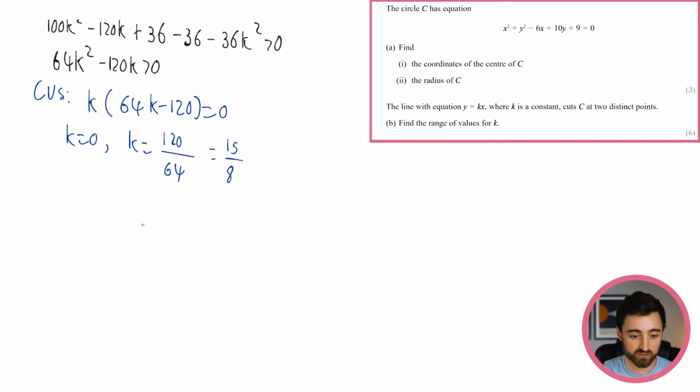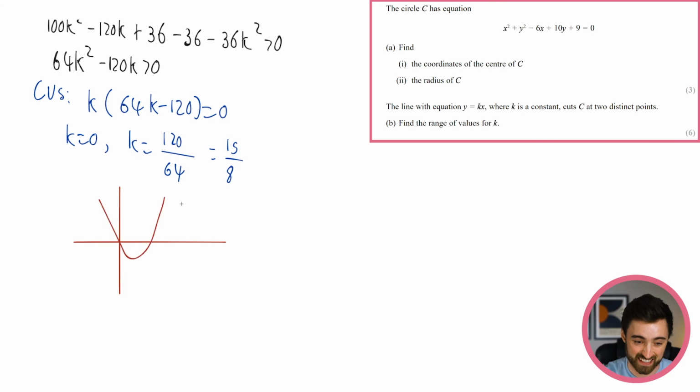The reason I want to get these critical values is because if I was to give a super rough sketch of this thing here, y equals this, it would hit the x-axis at 0 and 15 over 8. So it would not look like that at all. It would look a bit more like that, okay? 0, 15 over 8. The question then becomes, when is this thing greater than 0? Well, it's all of this stuff over here and all of this stuff over here, is it not?